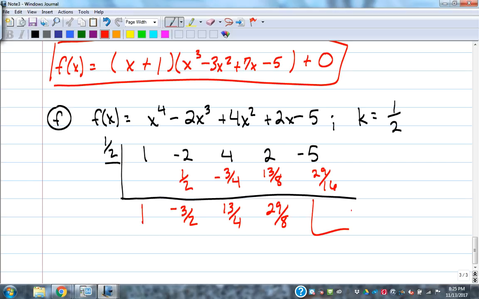Definitely not a 0. The remainder, let's see, 16 times 5 is 80. 80 minus 29 would be 51. -51/16. Again, you can use the calculator to help you do those.